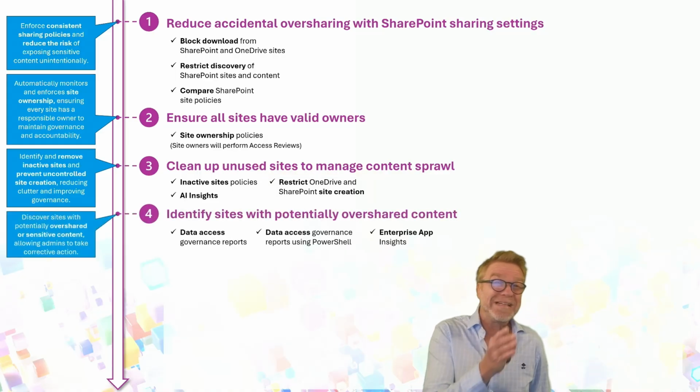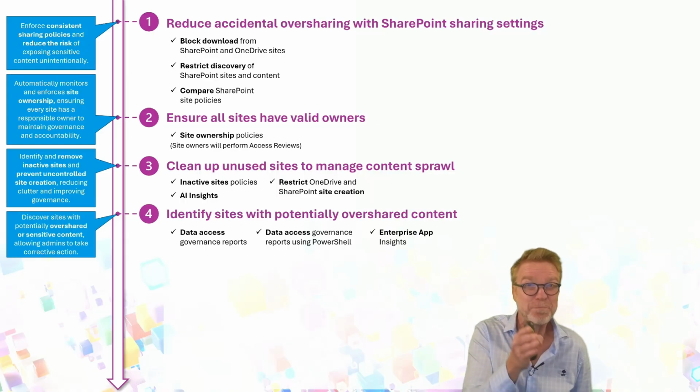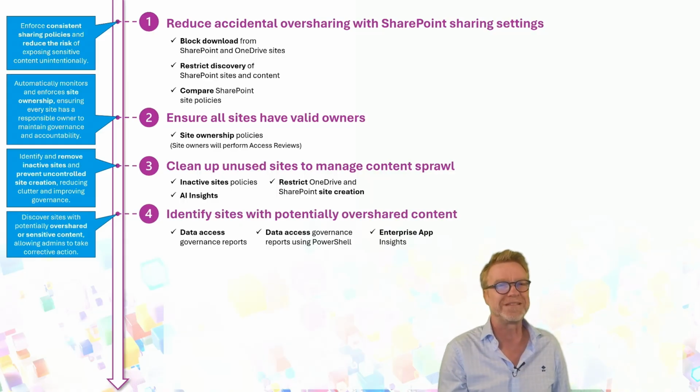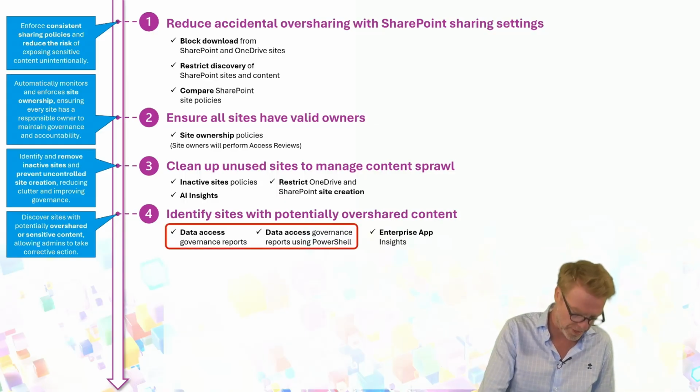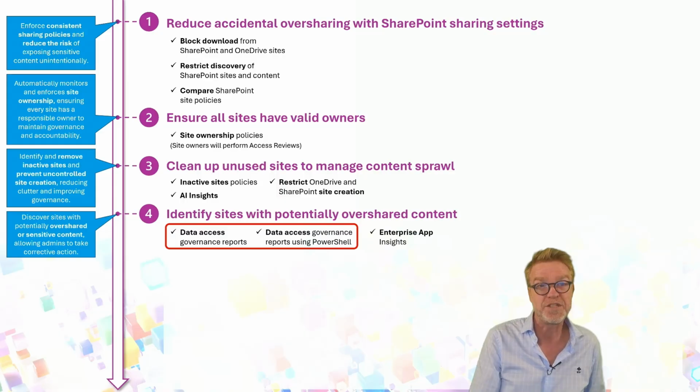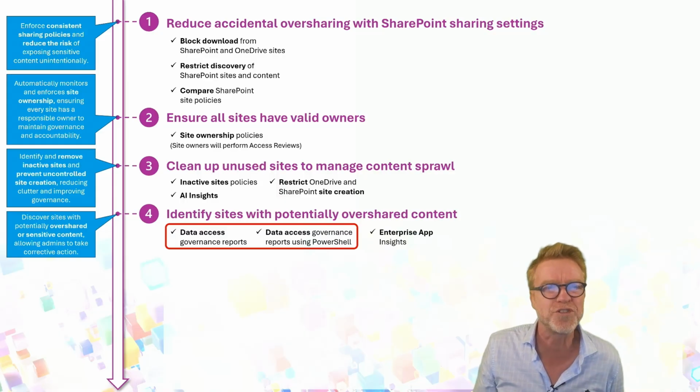Then, you will want to identify the sites with potentially overshared content. And for that, most importantly, and I think this one is probably one of the biggest topics in my next session, part 2, it's all about the data access governance reports.